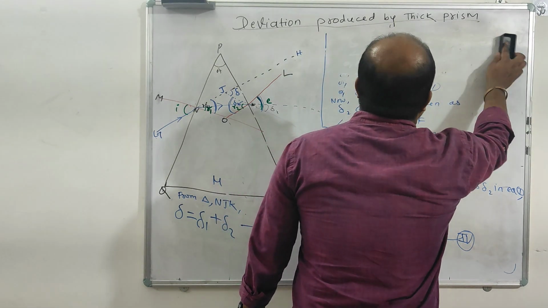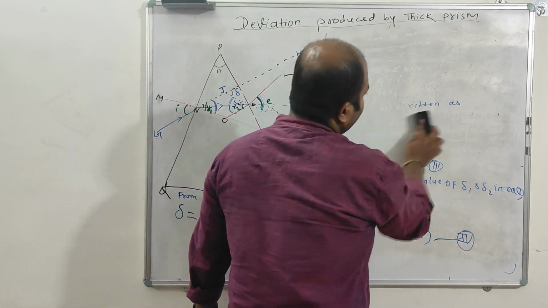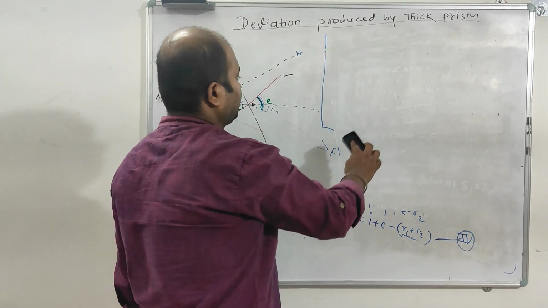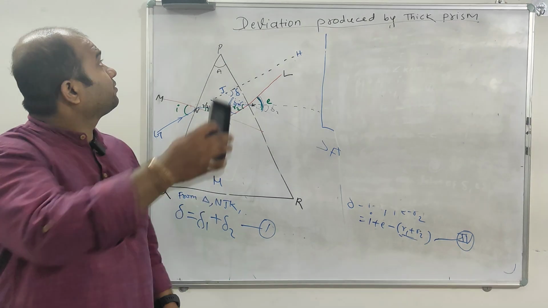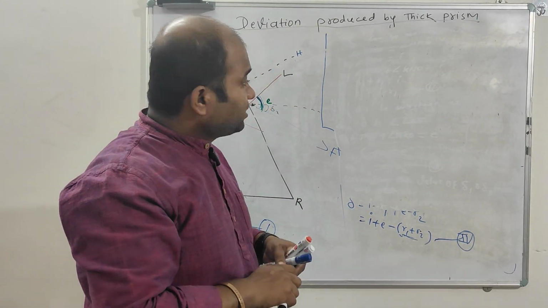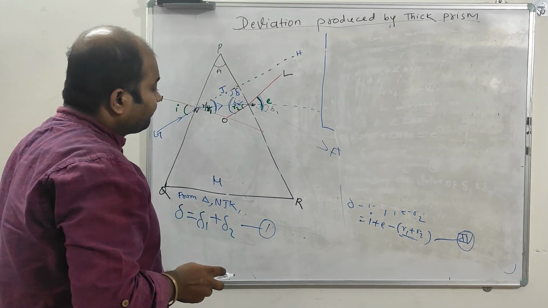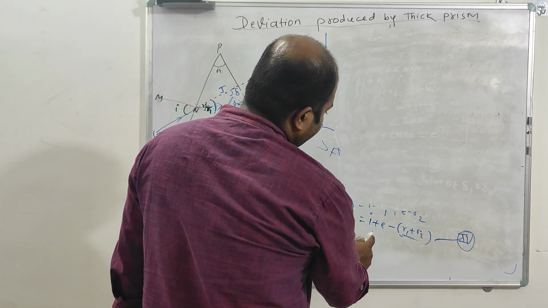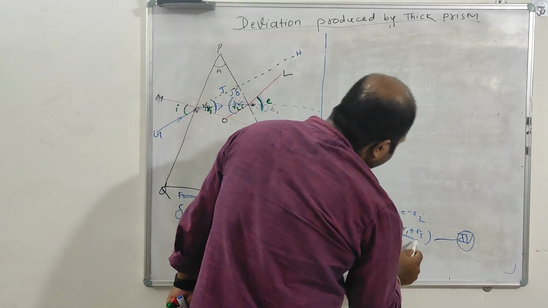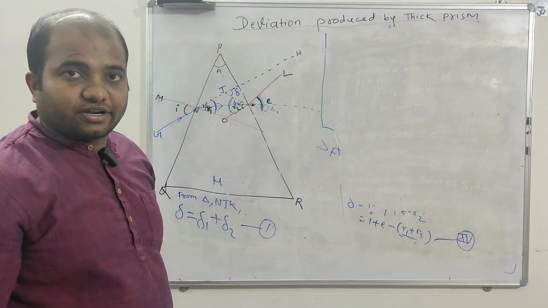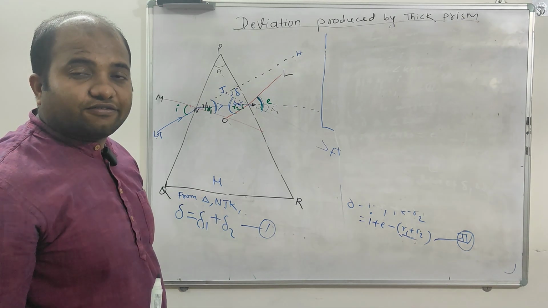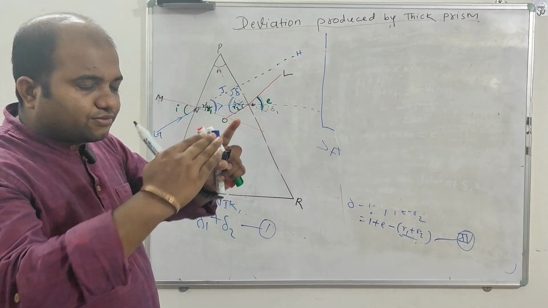Now see here, to convert R1 and R2 in relation to A, because prism manufacturing is based on the angle of prism, how much angle should be there.